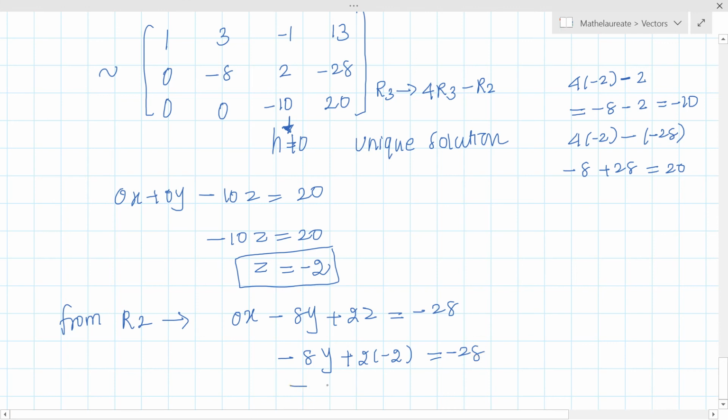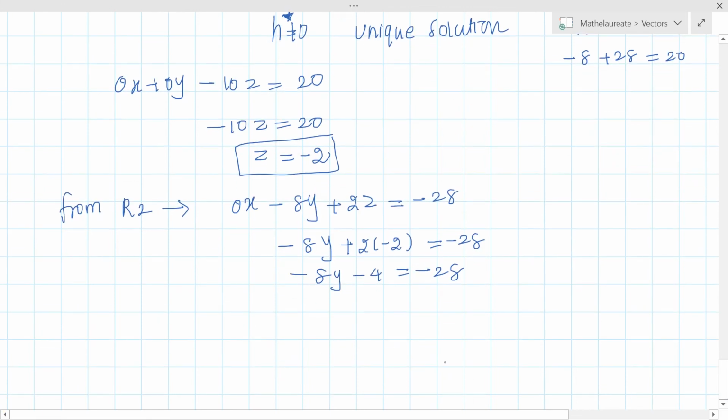So this gives minus 8y minus 4 equal to minus 28, minus 8y equal to minus 24, and y should be equal to 3. Fine. We got the values of z and y.